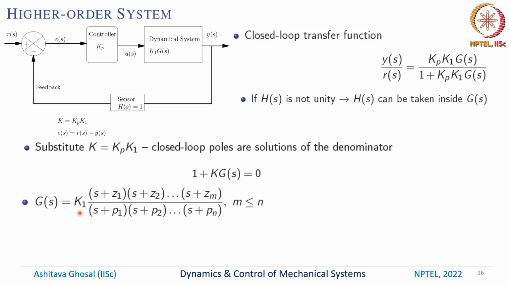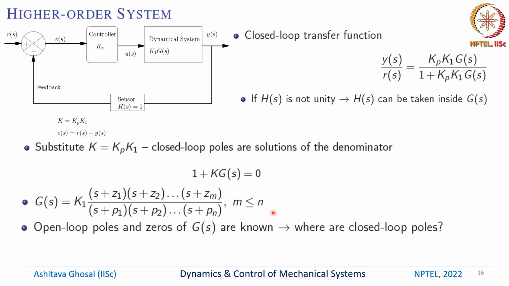G(s), remember, is given by K1 into (s plus z1) into (s plus z2) all the way till (s plus zm) divided by (s plus p1) into (s plus p2) all the way till (s plus pn), where m is less than or equal to n.